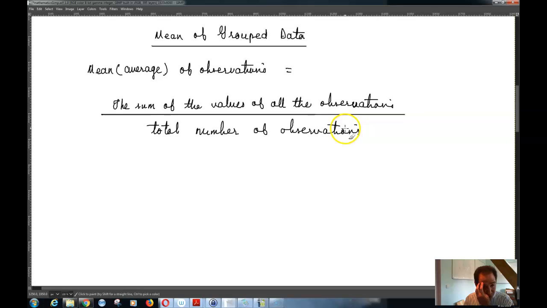And again, what that means is that, for example, if you have 2, 3, 4, 5, and 6 as 5 observations, then the mean of those observations is going to be equal to 2 plus 3 plus 4 plus 5 plus 6 divided by 5, the number of those observations, 1, 2, 3, 4, 5.